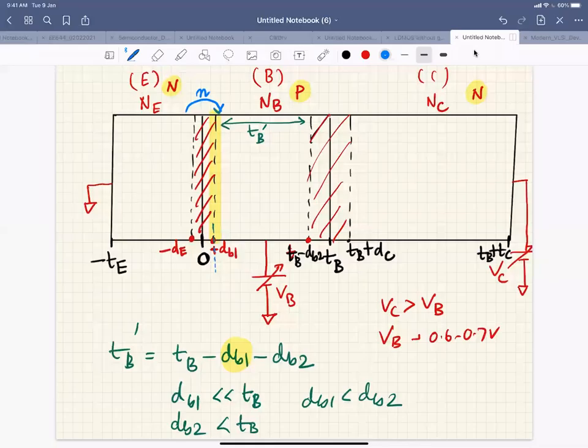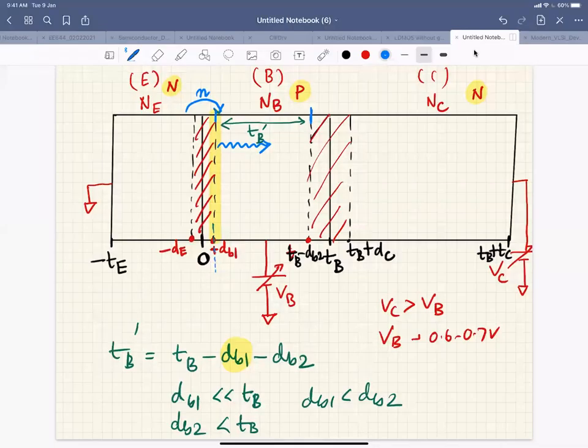During the diffusion, they will go from dB1 to TB minus dB2, right? So they will go from this point to this point. They will diffuse from dB1 to TB minus dB2.